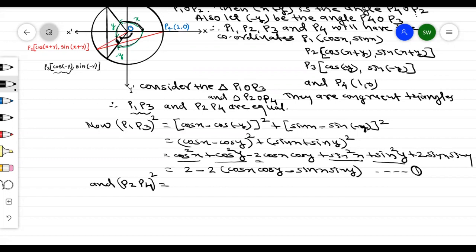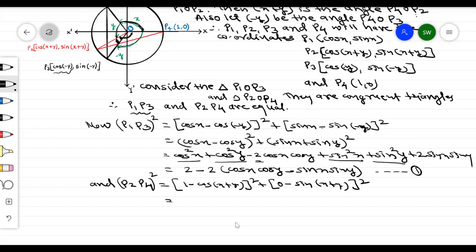So P2P4 whole square will be equal to this 1 minus cos of x plus y whole square, plus that 0 minus sin of x plus y, so 0 minus sin of x plus y, then whole square.